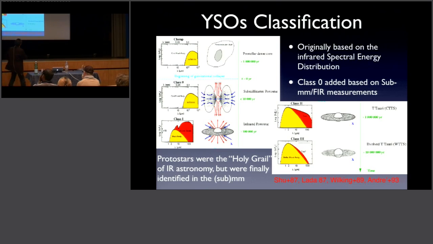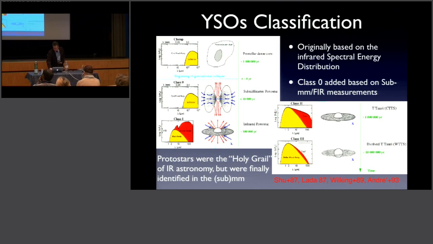You still have accretion onto the disk, but this is fading, and the disk dissipates, forming planets most probably, or other things. And then you have the class 3 systems, which may or may not have a tenuous disk, and may or may not have a planetary system, but they do not have a thick, optically thick, massive disk like in this case. In those phases, planet formation is probably over.